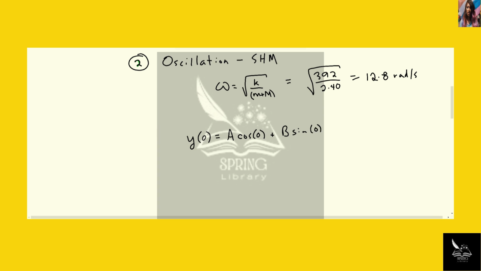And we know that the oscillation starts 6 centimeters away from the equilibrium. But that's not the amplitude because there's some velocity involved. Y of 0 is just equal to the A.